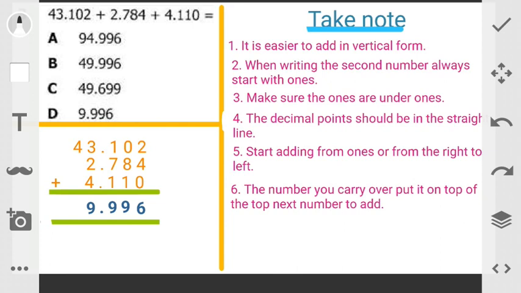The correct answer is 4. So now we have gotten the answer. We have added everything. Let's check on the answers which were given. What is the correct answer on those 4 options? The correct answer is B. The answer is 49.996.